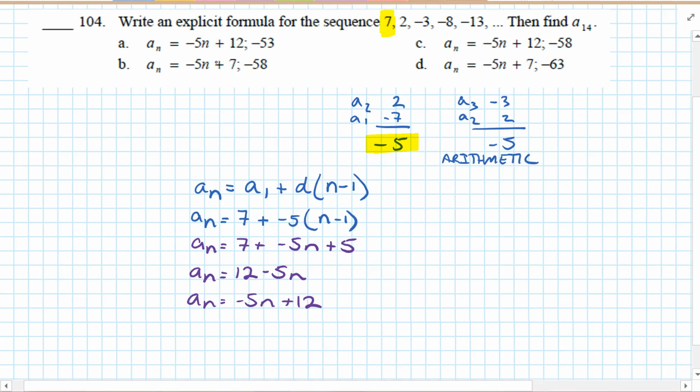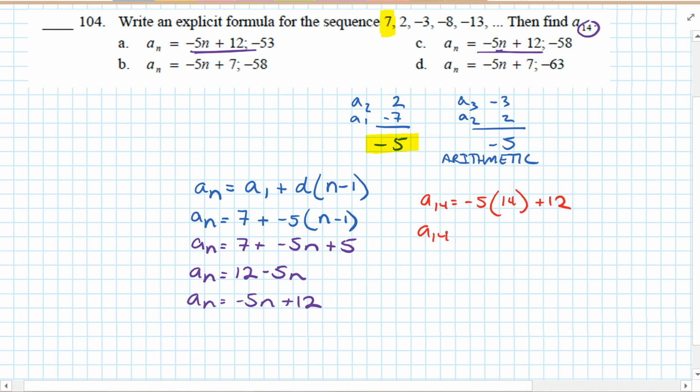So we've got it narrowed down to A or C. Then it says A of 14. So what we're really saying is find the 14th term, or our n value is 14. So A of 14 would be, sorry, let's use their formula. -5 times 14 plus 12.